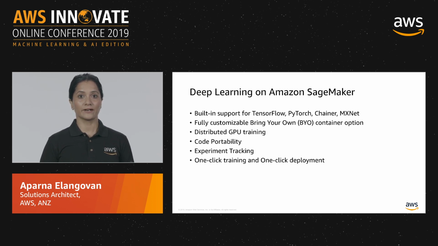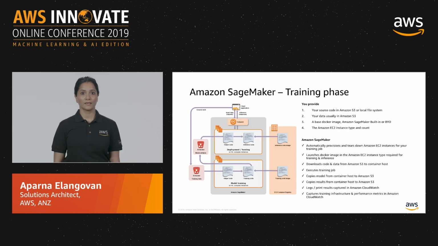SageMaker also makes it very easy, as simple as one click, to productionize your model into an API available over HTTP. Now, let's look at how all this happens. We can look at SageMaker as having two different phases, like the two machine learning phases, the training phase and the inference phase.